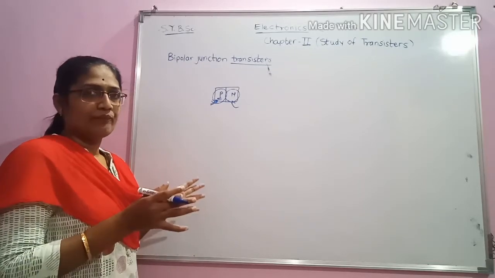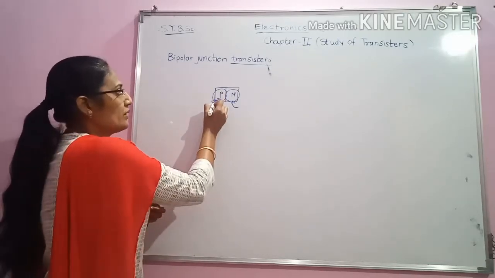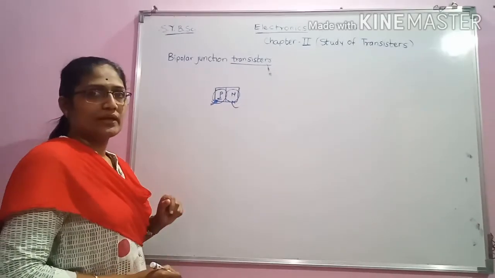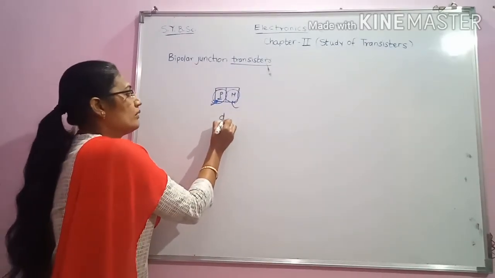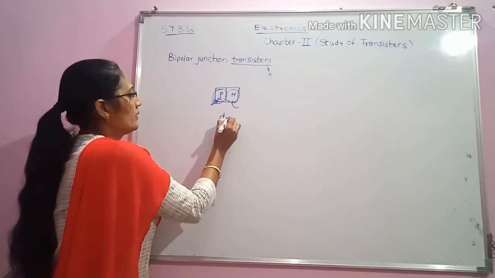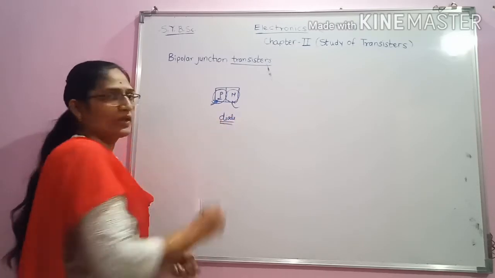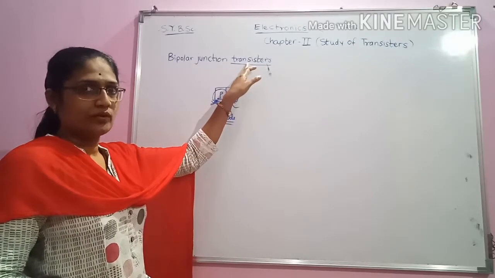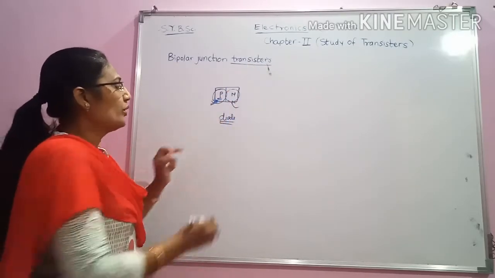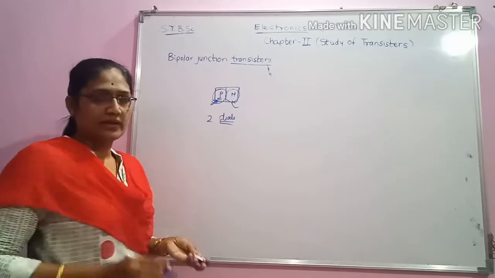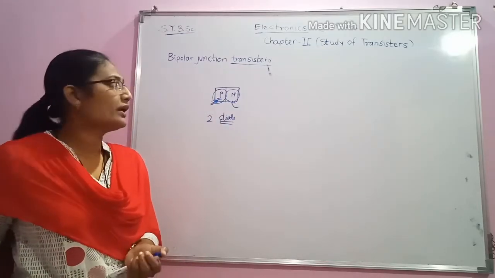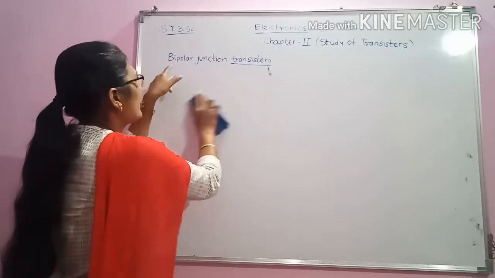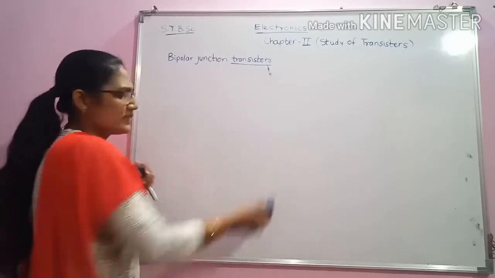And when we make a junction with the help of this P-type and N-type material, they will form a diode. Our transistor is a circuit component which consists of 2 such p-n junction diodes, and hence they are called bipolar junction transistors.